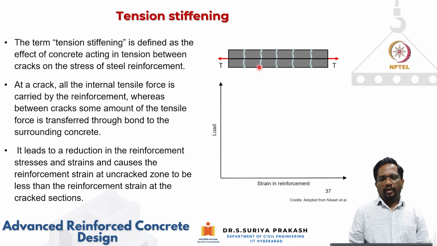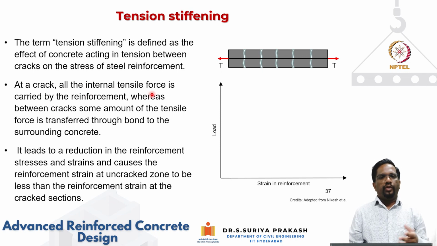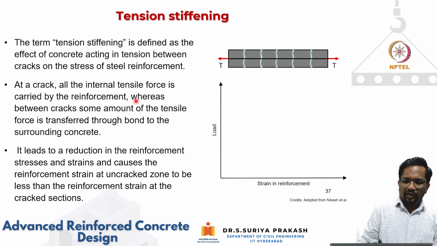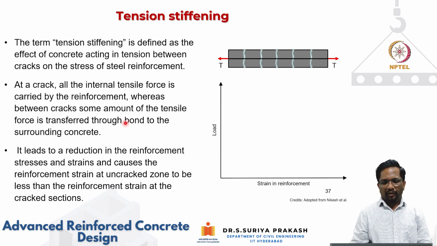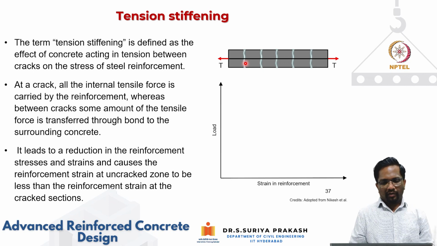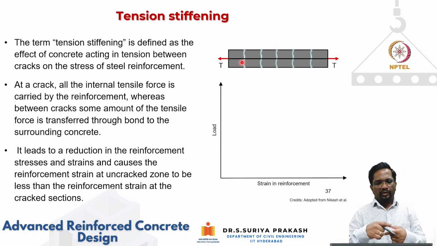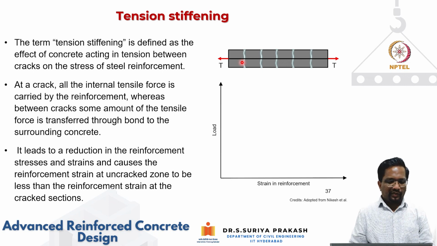Okay. So at the crack, all the internal force will be carried only by the reinforcement. However, between these cracks, some amount of tensile force is transferred by means of bond because the rebar is connected with the concrete, and the rebar also usually will have something called lugs, or ribs, that will help in transferring the forces.